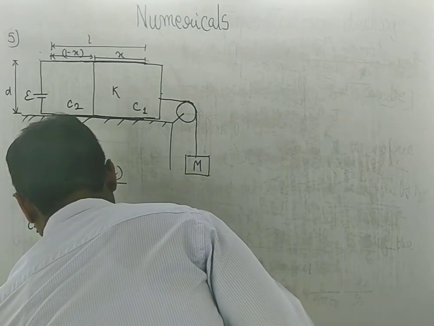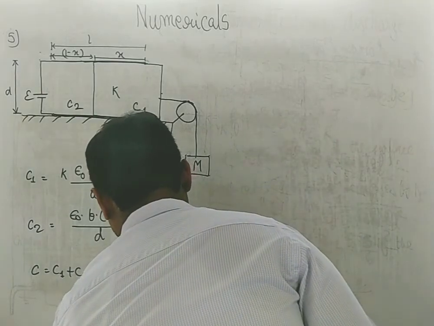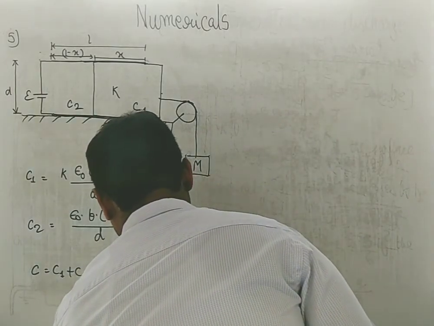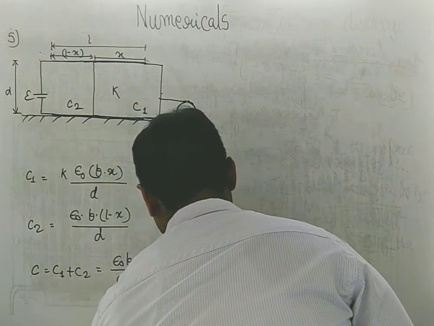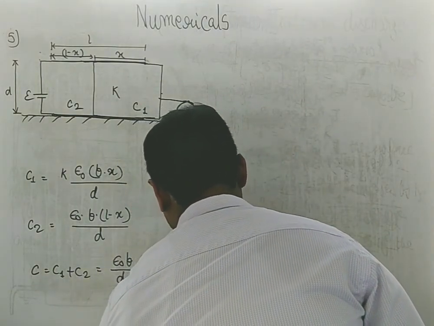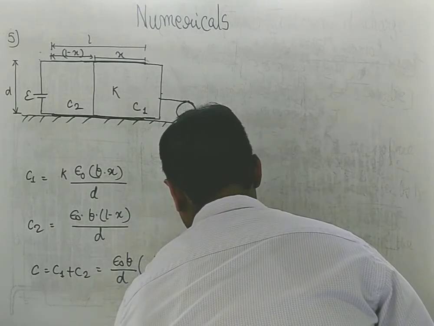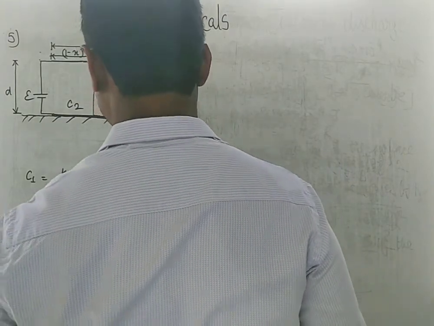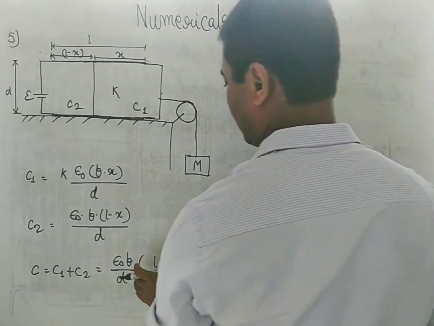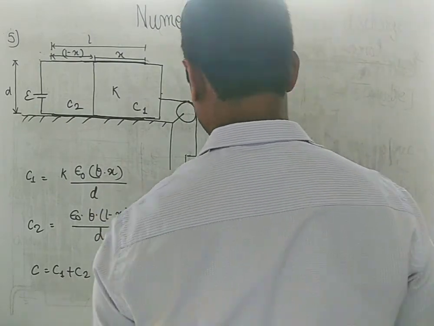C equals C1 plus C2, and this gives epsilon naught b upon D as a common term, and inside we have L plus x into (K minus 1). This is the term obtained after addition.